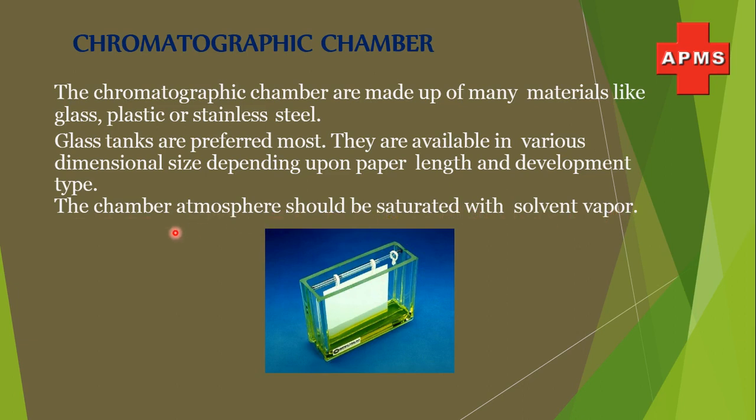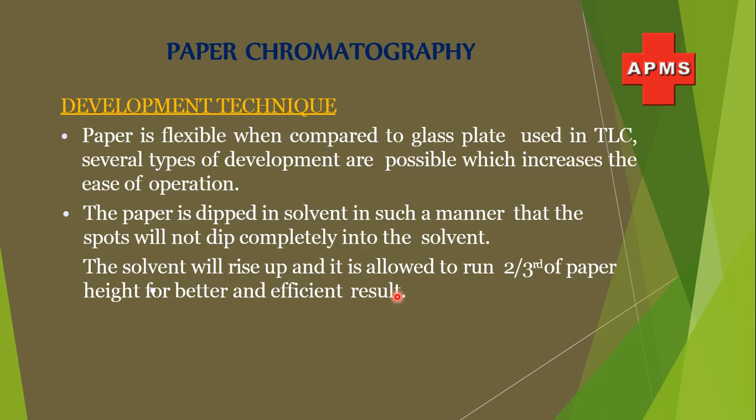To saturate the atmosphere, we have to put a lid over it, which means we have to cover this chamber during the experiment. These solvents are generally volatile in nature, so the whole volume of the chamber will be filled by these solvent vapors, and there will be no other interference during this experiment.